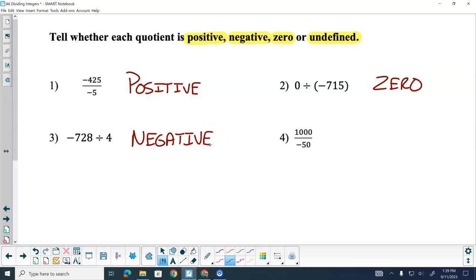Now number 4. Great, great. Positive, 0, negative, undefined. Undefined? We agree with undefined for number 4? Everybody's agreeing with undefined. Why?